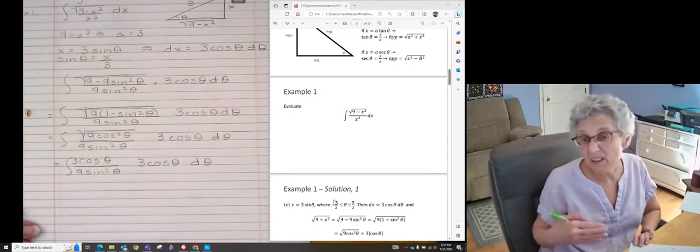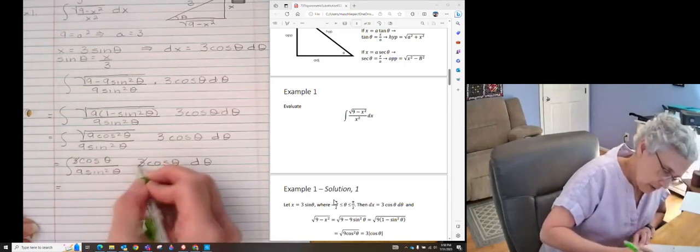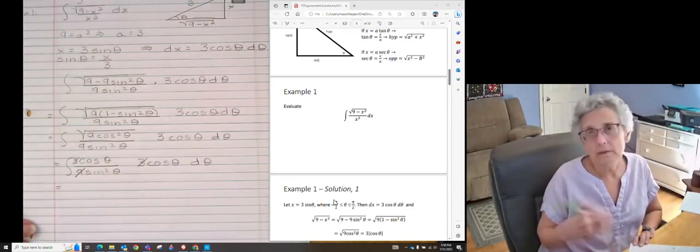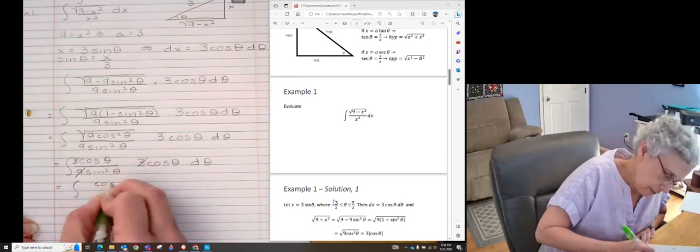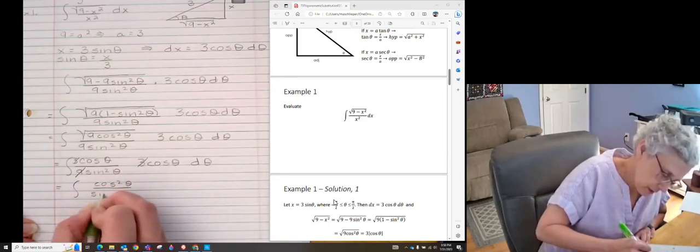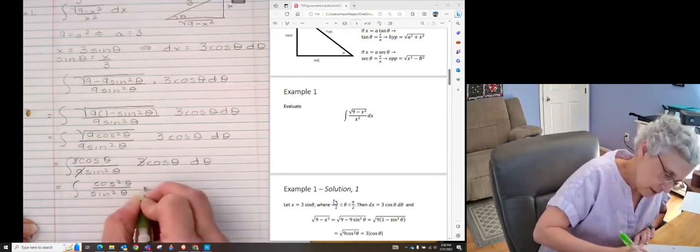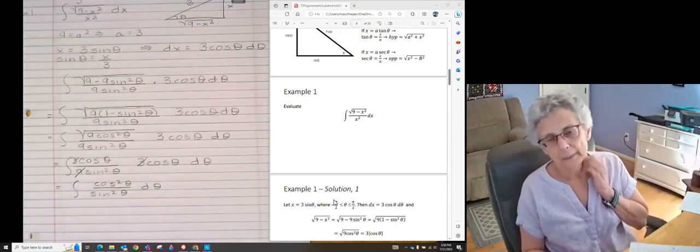Alrighty, well, I can do a little simplifying. I have 3, 3, and 9, so all those numbers just disappear as if by magic. And I have cosine squared of theta over sine squared of theta d theta.